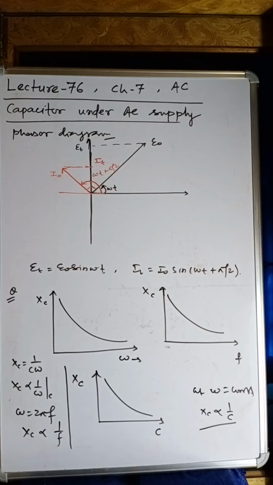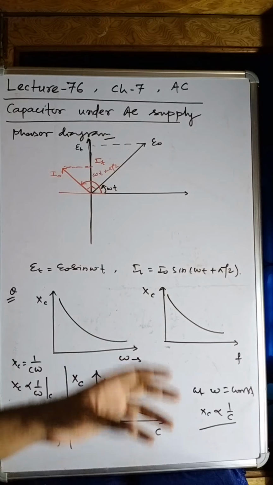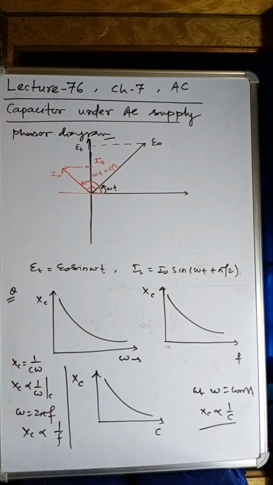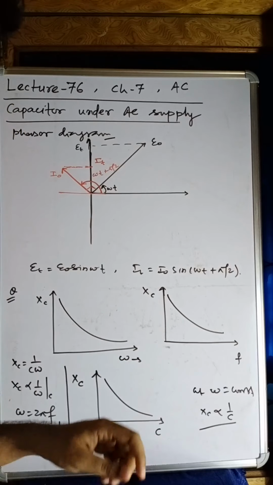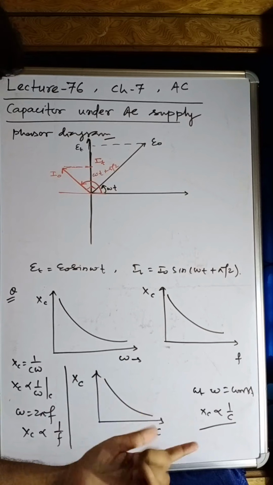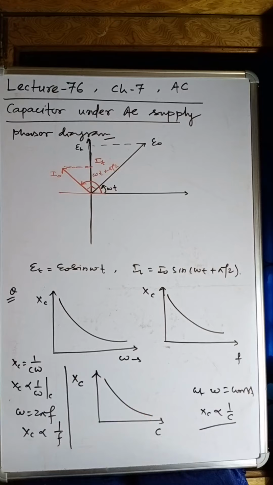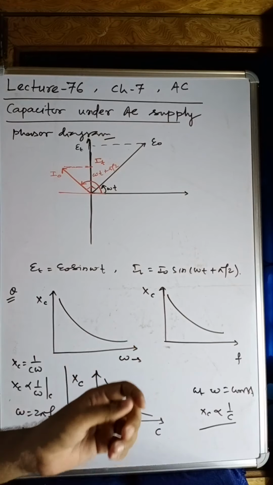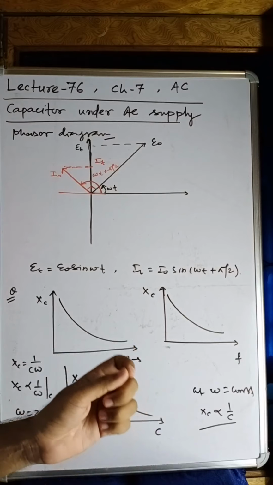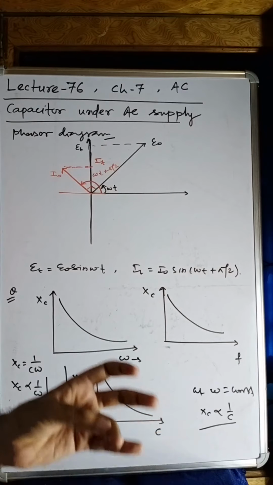Okay, my dear students. Now there is again an experiment in NCERT that we will discuss in the next lecture, and we will solve numerical questions, how to handle numerical questions on the basis of these three circuits: resistive, capacitive and inductive.